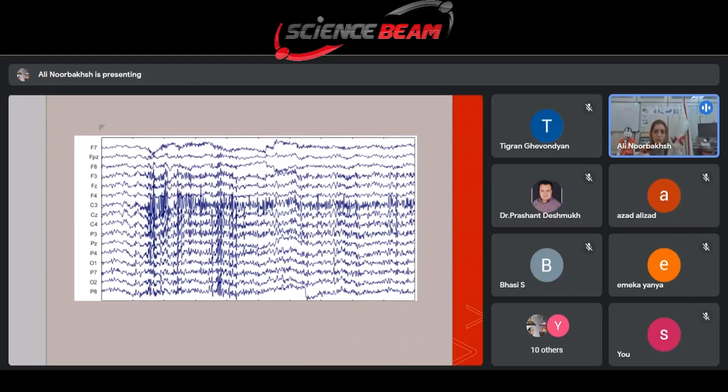Neck muscle artifact is mainly on the O1 and O2 points. Why can we see this artifact? Because it's close to the neck. Jaw muscle artifact is mainly on T3 and T4 because it's close to the jaw.